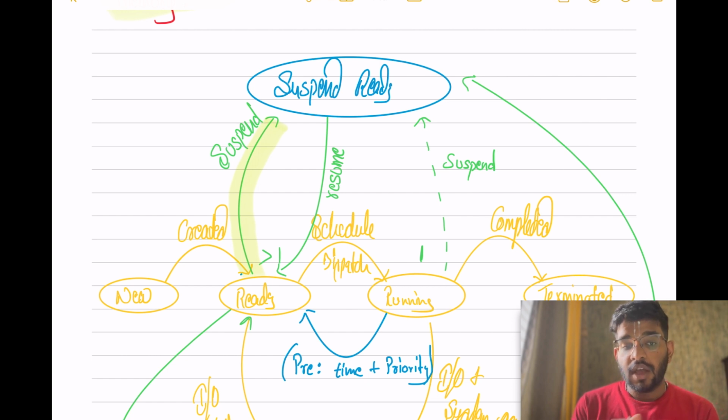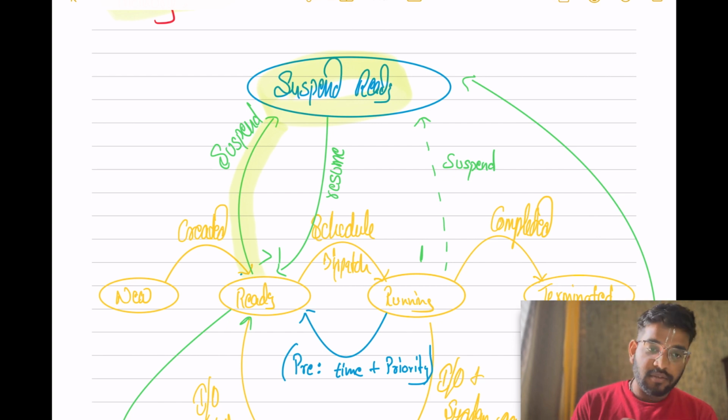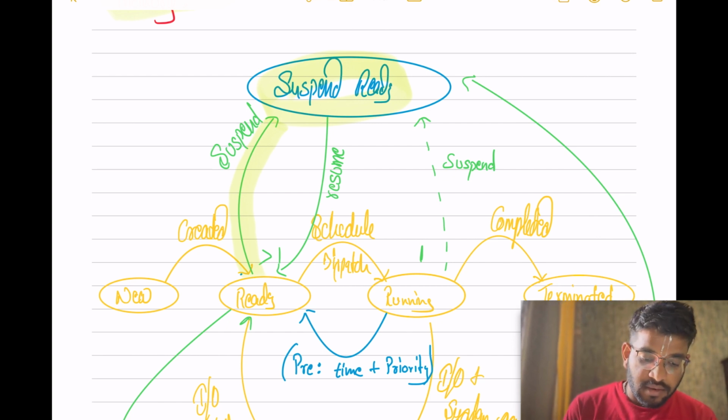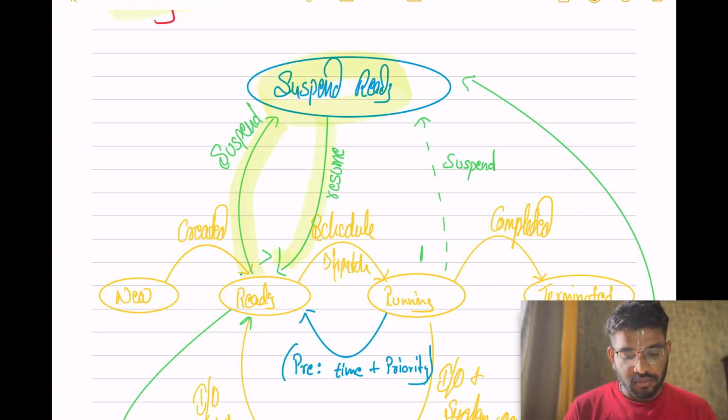Suspended ready means that a process wants to execute, but there are not enough resources available for execution. And if resources become available again, then that same process goes back to the ready state, which means the process can resume its execution if it is allocated the CPU.